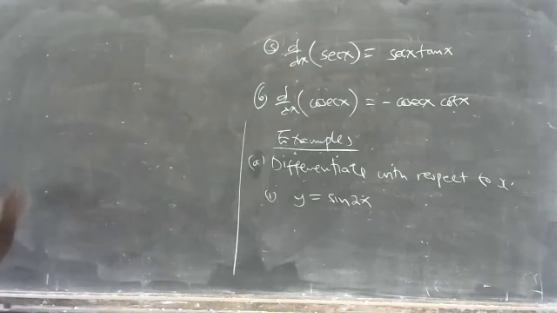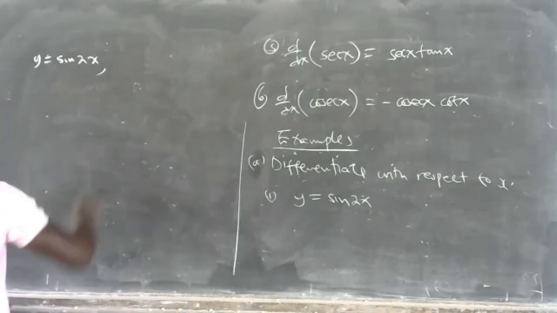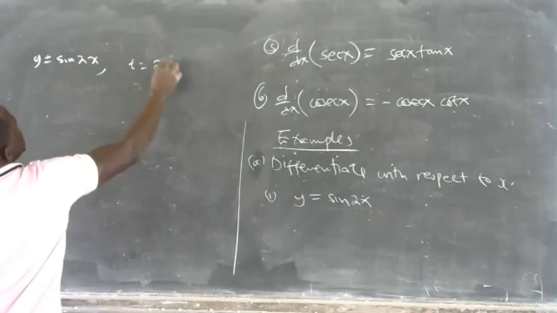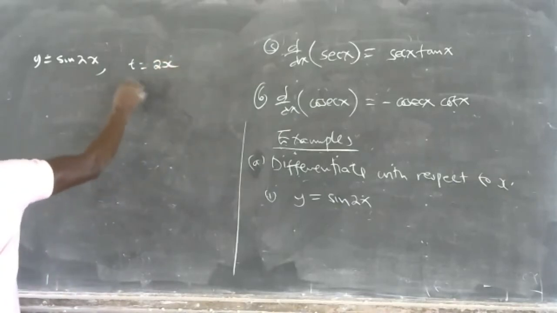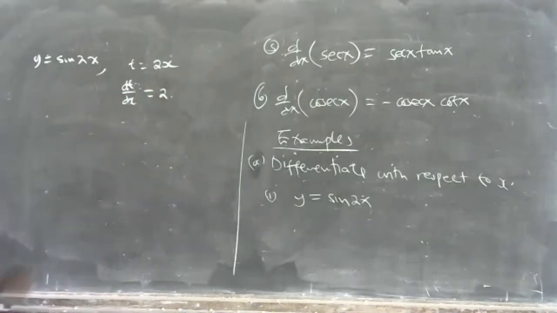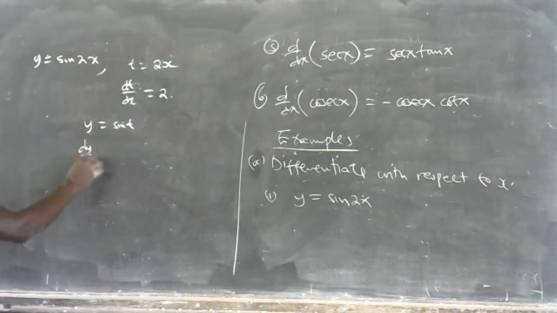Now for this question, part 1, y equals sin of 2x. We shall let t be 2x, meaning dt/dx is 2. Then your y becomes sin t. So dy/dt, when you differentiate sine, what do you get?